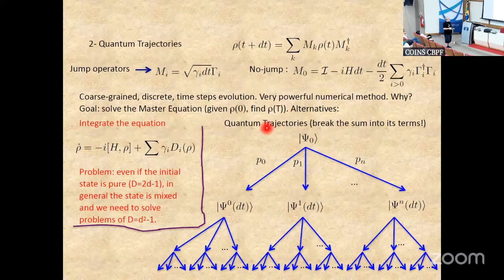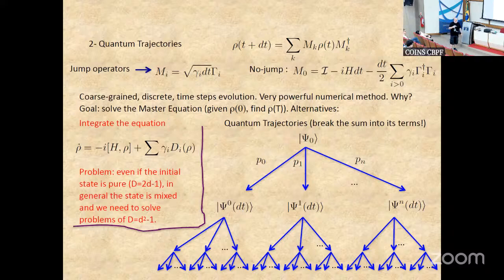And trajectory means if I start with a pure state, in each time step, I can draw which one of these guys happen, either a no jump or one of the jumps with their proper probability. And depending on the number that I draw, I apply the corresponding operator.